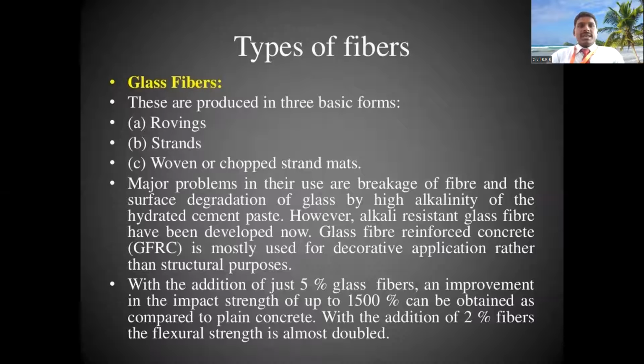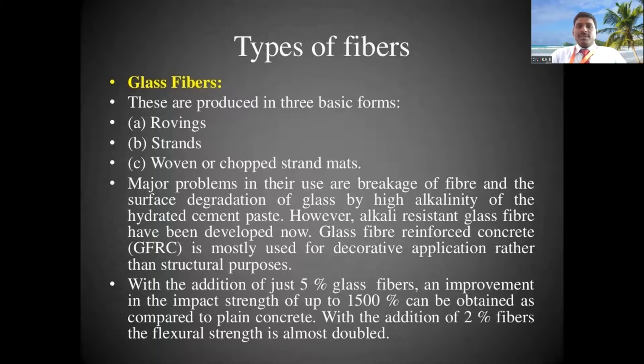Again, the second type of fiber is the glass fiber. Glass fibers are produced in three basic forms: roving, strands, and woven or chopped strand mats.